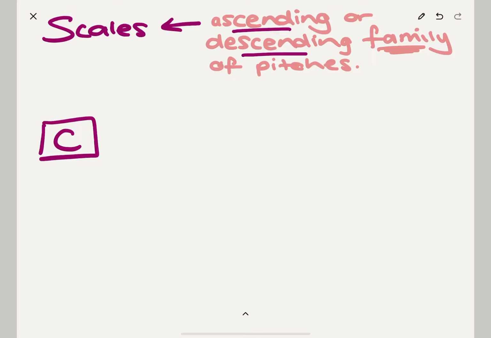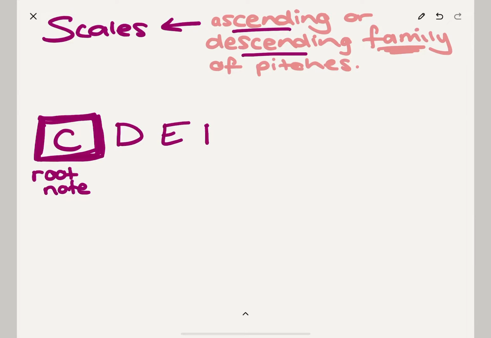It builds from C. So this thing is called the root note of your scale. So if we were making a C scale, we would be moving up to the next note. So C, D, E, F, G, A, B, C.